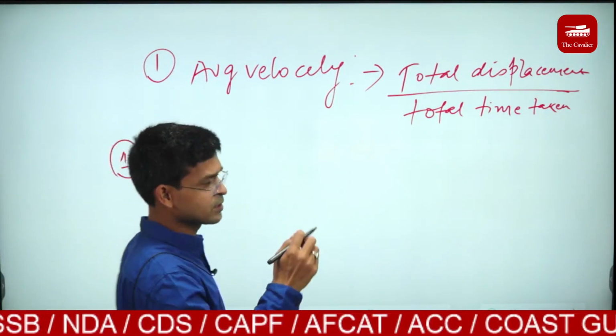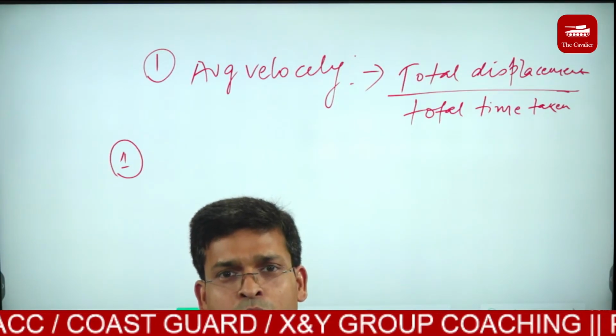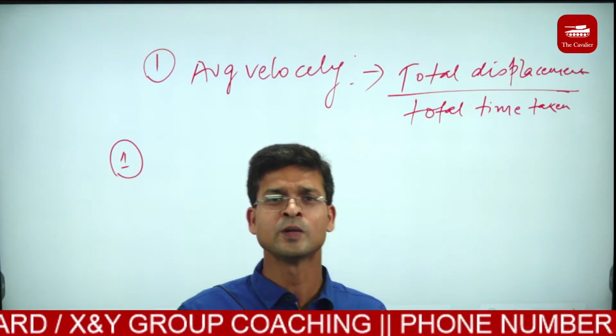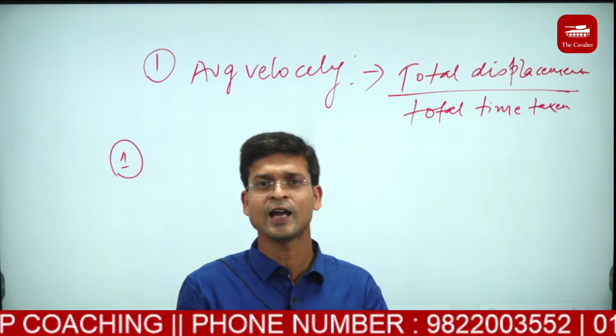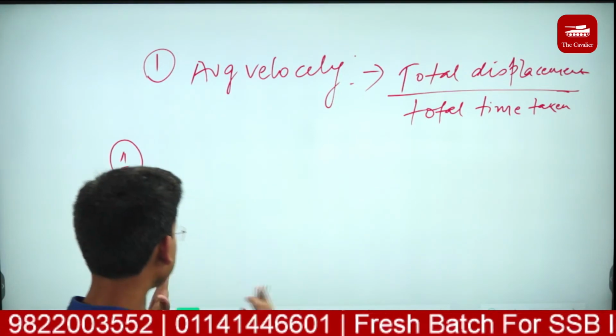In previous questions, I have told you the average velocity will be 0. Average velocity will be 0 if initial and final points coincide. But now we come to the next question.